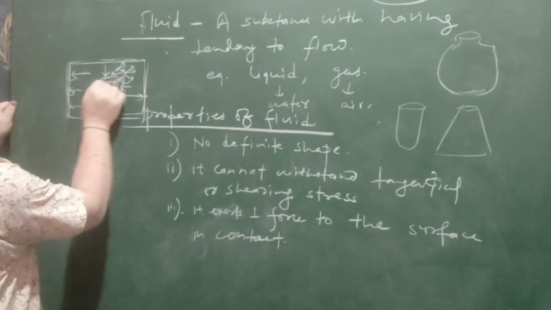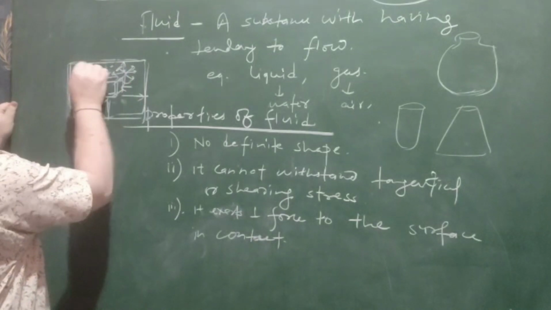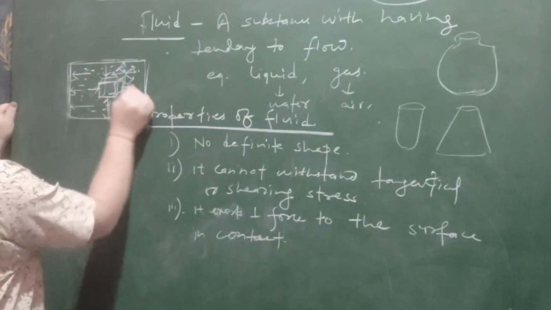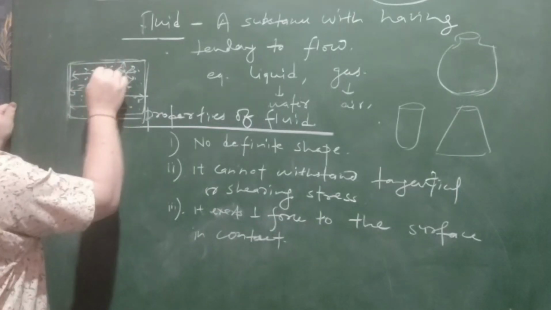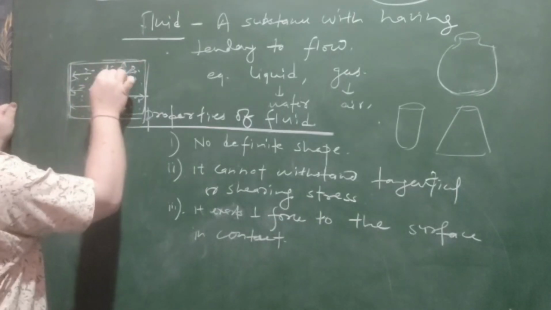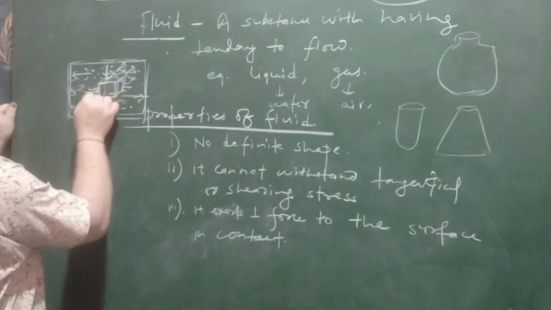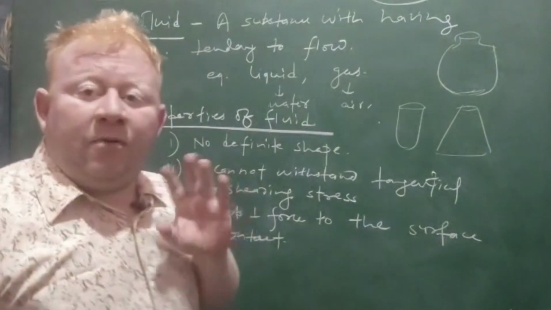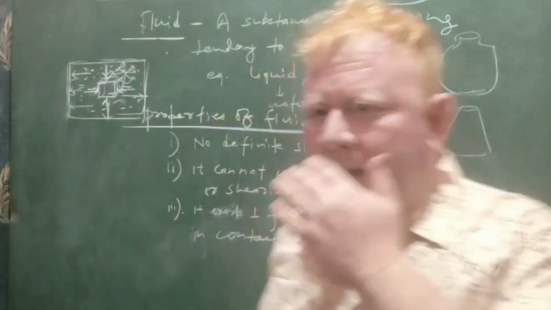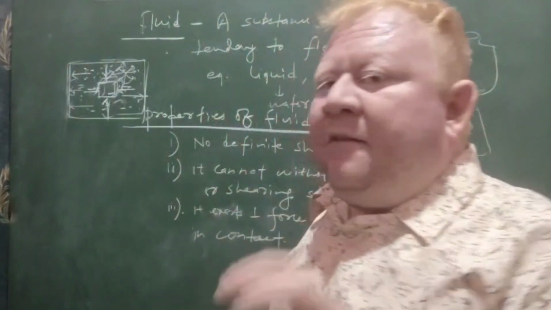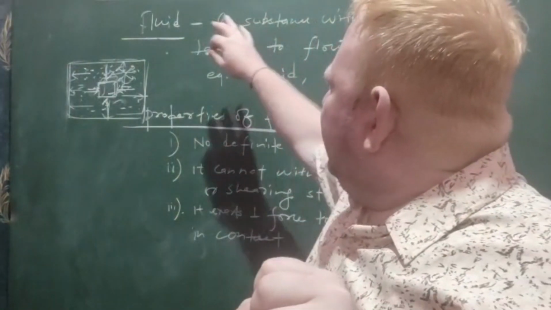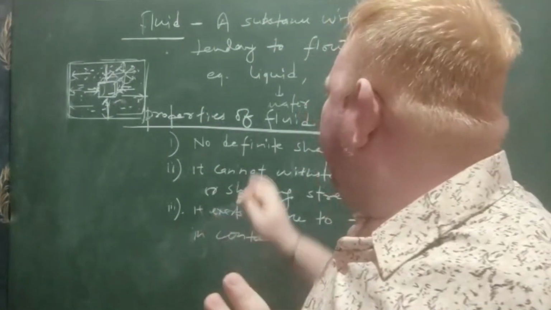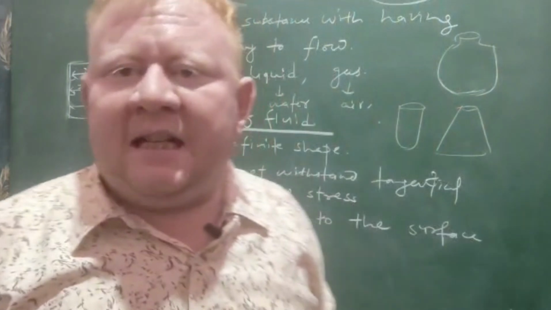Suppose this is the surface and the liquid is filled inside; the liquid exerts a force on the surface of this block, and it is always perpendicular. These three properties we have picked for this chapter, and we will be discussing them throughout.